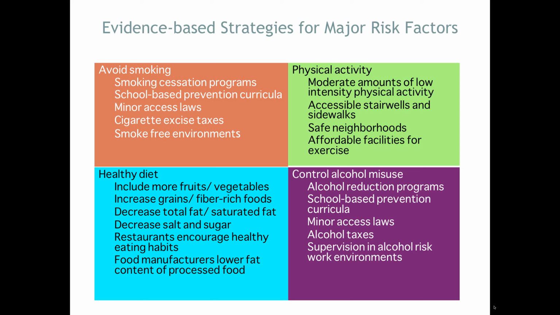For physical activity, it's moderate amounts of low-intensity physical activity, accessible stairwells and sidewalks, safe neighborhoods, and affordable facilities for exercise. For healthy diet, it's including more fruits and vegetables, increasing grains and fiber-rich foods, decreasing total fat and saturated fat, decreasing salt and sugar, having restaurants encourage healthy eating habits, and having food manufacturers lower the fat content of processed food.